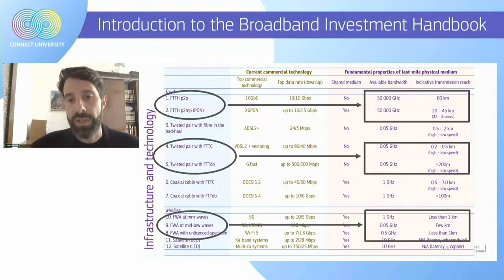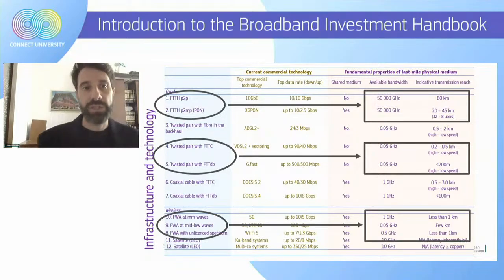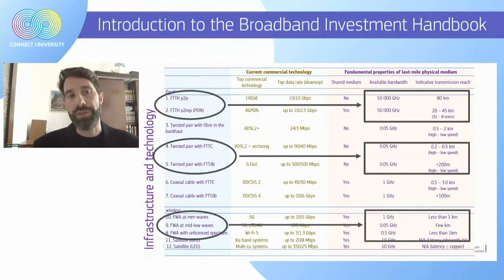And so even here, there are considerations about what it physically implies and what kind of solutions are available today. There are also solutions 11 and 12, satellite, either geostationary, which are the ones that have been deployed for the past 30 years, or the new low Earth orbit solutions.